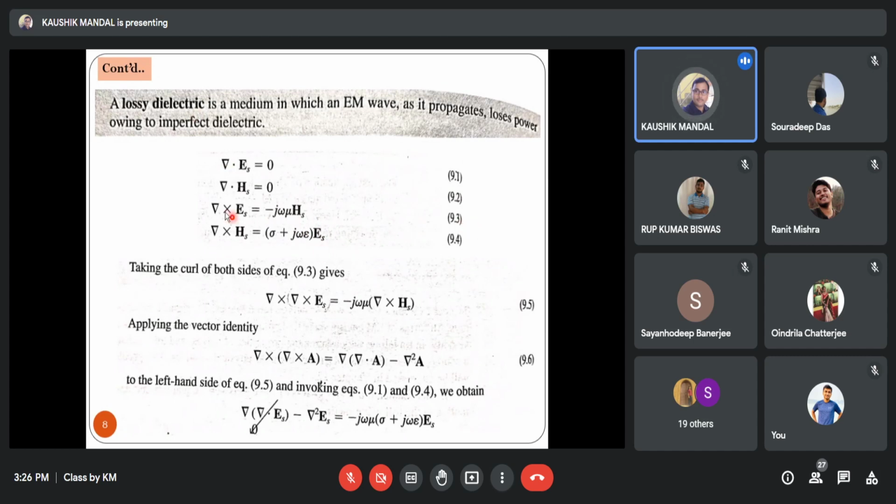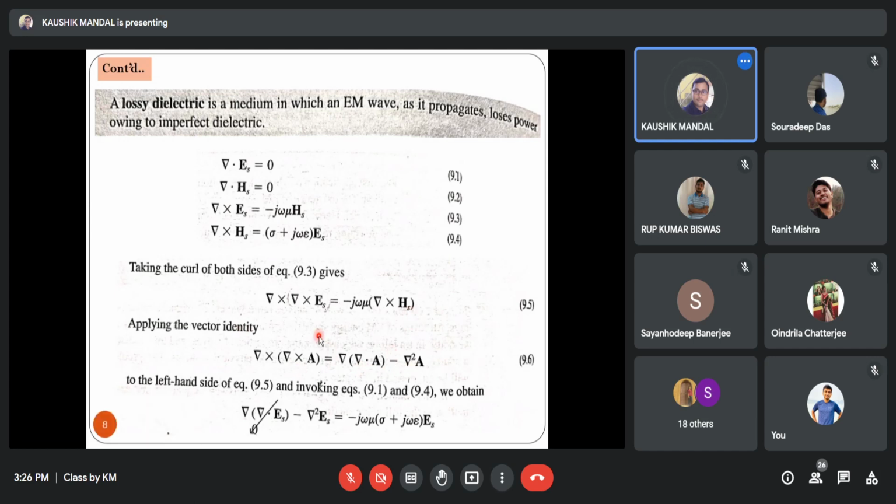Now we are taking curl on both sides of this particular equation, that is equation number 9.3. Taking the curl on both sides, it becomes curl of curl of ES on the left hand side. Now we apply the vector identity, curl of curl A means grad of divergence A minus grad square A, that you know.